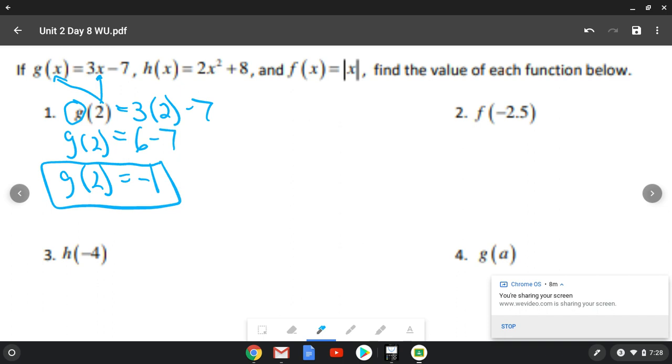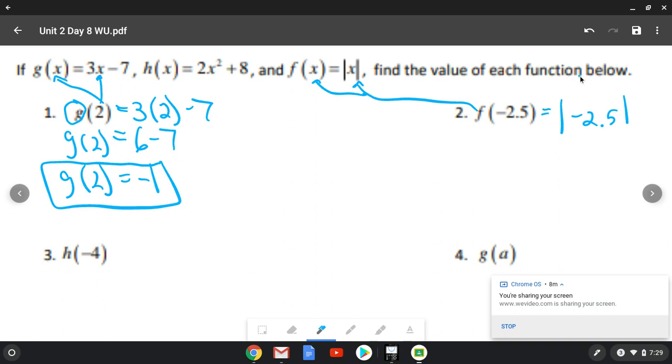If we do number 2, it starts with an f, so that means we're going to use this one. So f of -2.5 would be the absolute value of -2.5. This is where I'd use my graphing calculator. So we go to math, on the left side, that was under alpha. We arrow over to the right one under NUM and select abs.